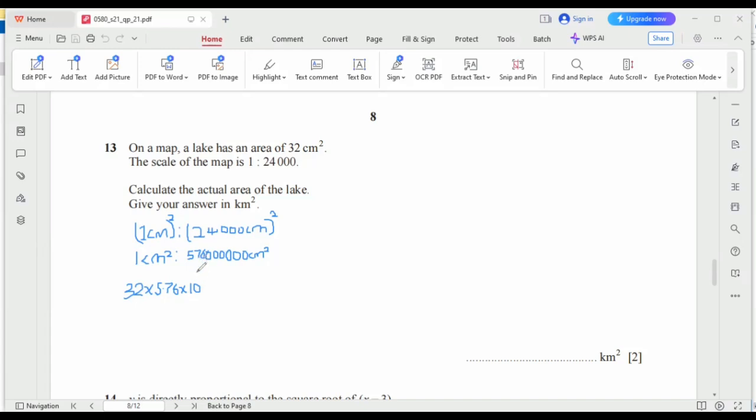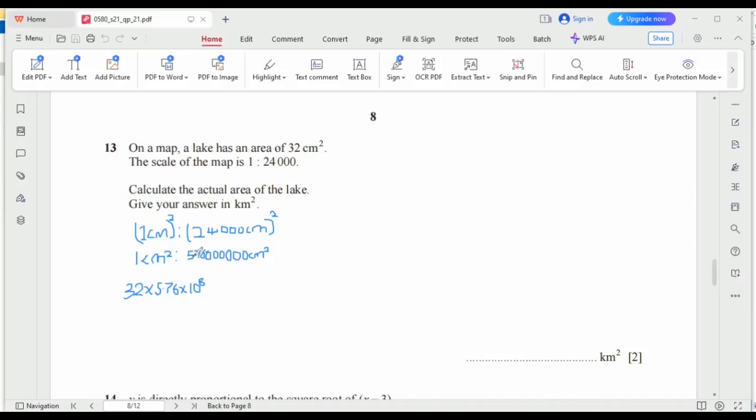Now, how do we know what we're going to raise to the power? Just count how many digits are behind this first digit. Start from the second: 1, 2, 3, 4, 5, 6, 7, 8. So it's going to be 5.76 times 10 to the power 8. That's how you write in standard form. Just in case you've forgotten, this is also a refresher.